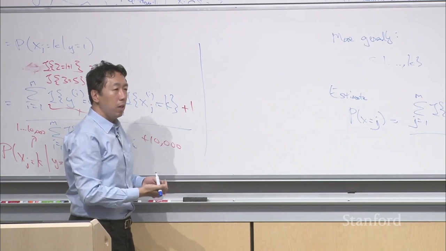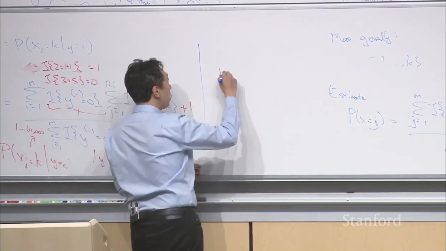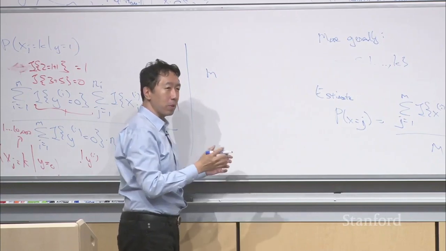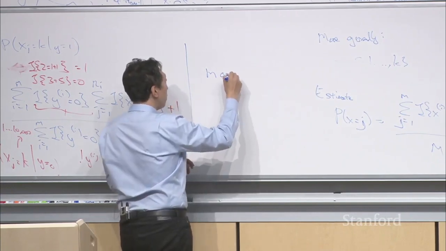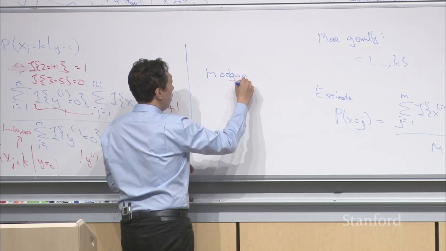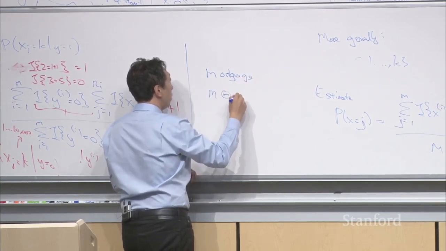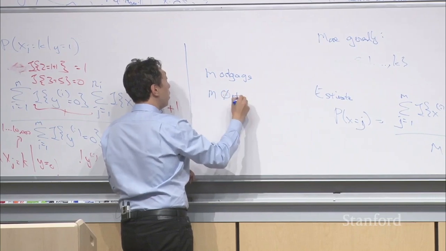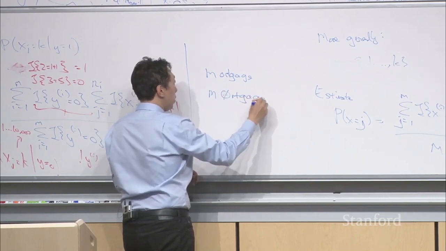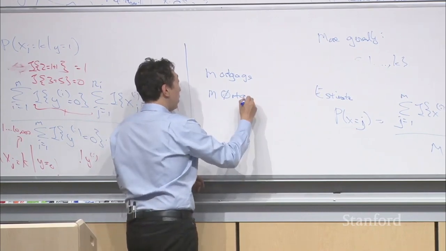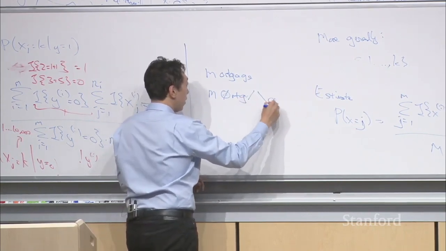For example, spammers will deliberately misspell words. A lot of mortgage spam says, refinance your mortgage or whatever. But instead of writing the word mortgage, spammers will write M0RTGAGE, or some other variant.